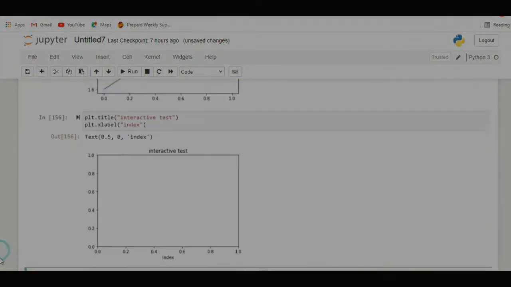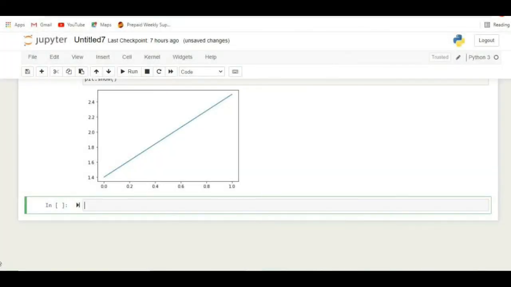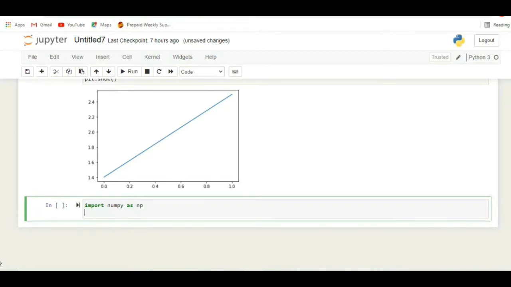This is by using matplotlib. Import numpy as np. Hope you will not mind, my writing speed is not super good.